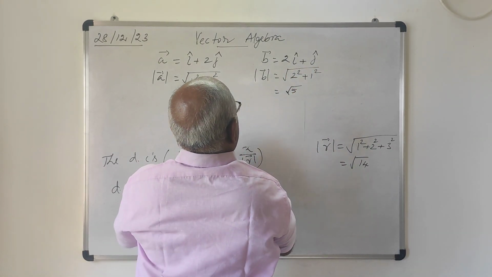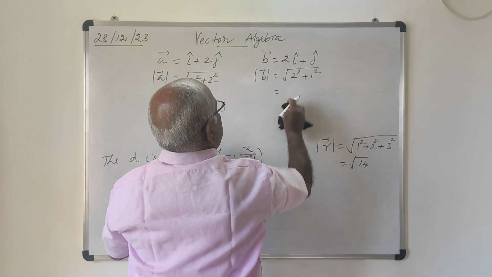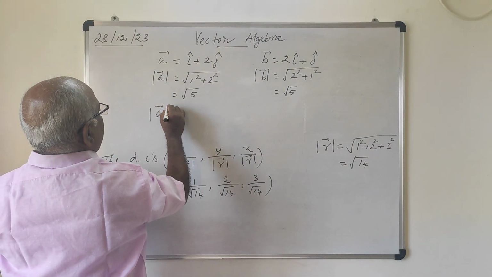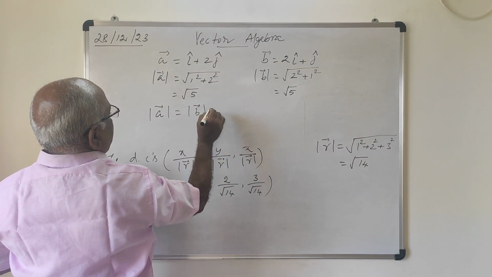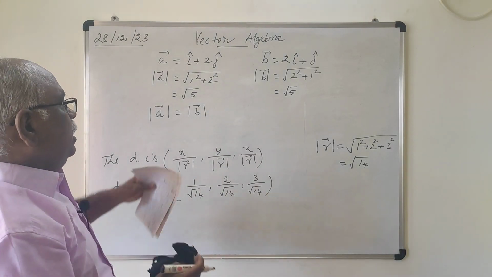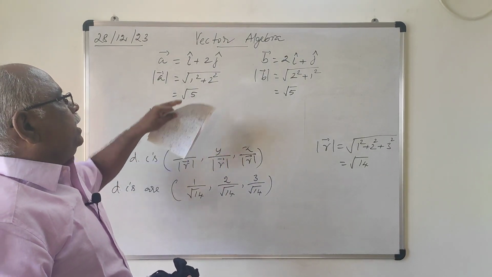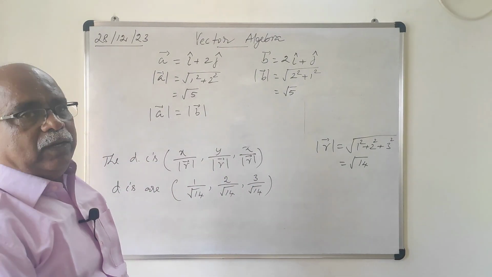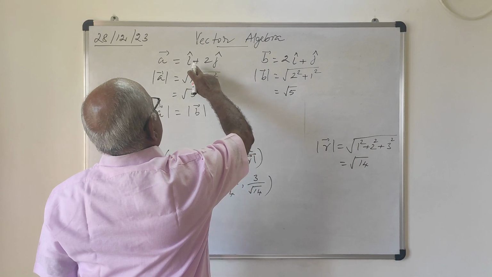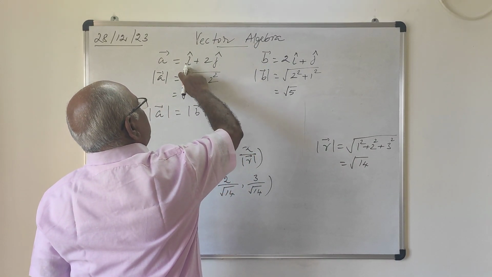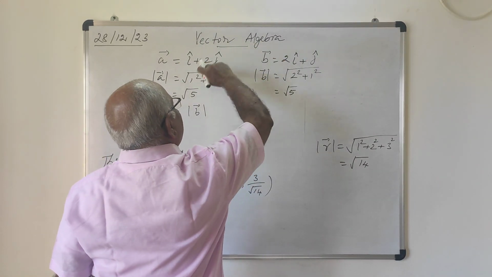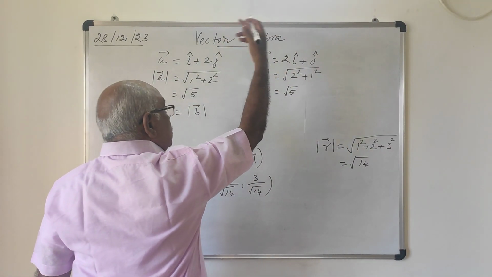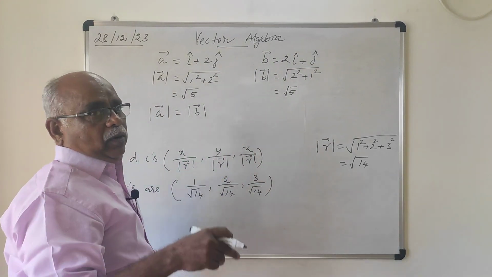So their moduli are equal; the modulus of a equals the modulus of b. But the two vectors are not exactly equal. If two vectors are equal, their i components and j components must be exactly equal. That is, a is i plus 2j and b is also i plus 2j; only then are the two vectors equal.